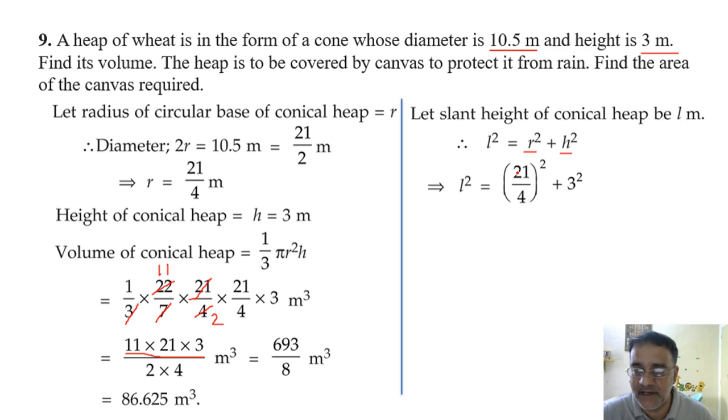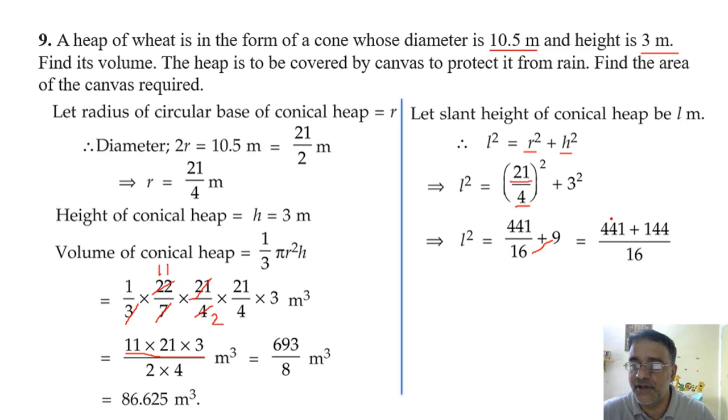What is 21 square? 441 upon 16 plus 9. Now take LCM. 16 into 9 is 144. So 441 plus 144 upon 16.